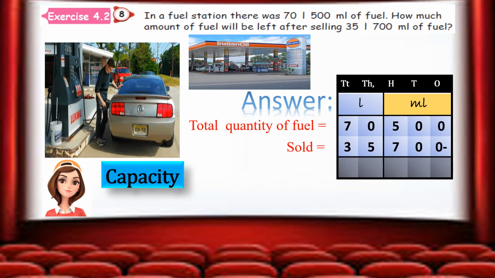So 0 minus 0 0, then 0 minus 0 as usual 0. Here 5 minus 7, so from 5 we couldn't subtract, so let us cancel that 5 and then get the sharing from thousands column. It's not possible there also because there is also 0, so let us get from 7, right?